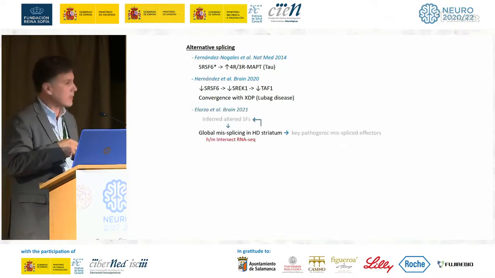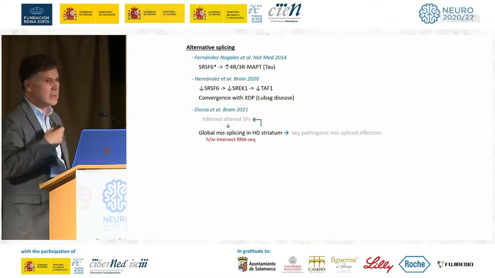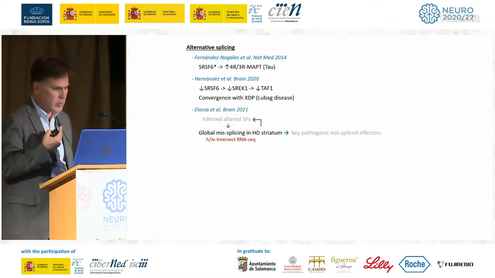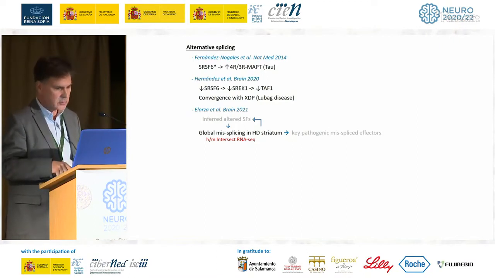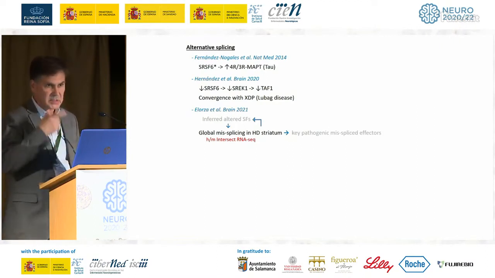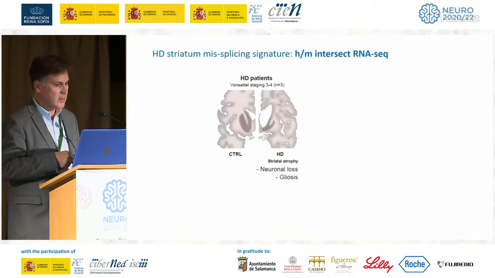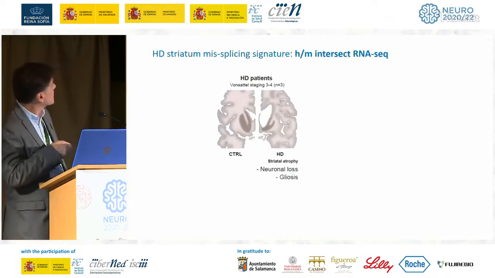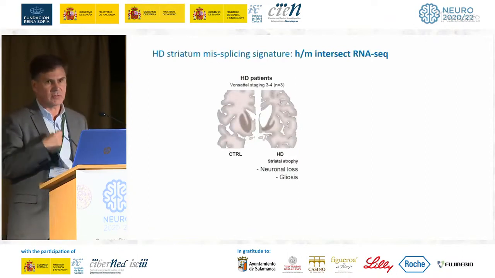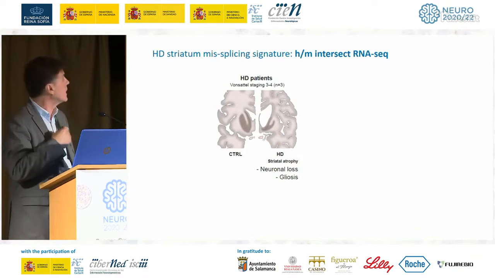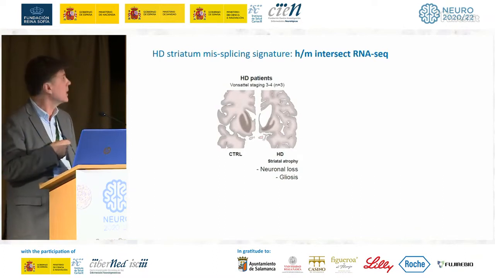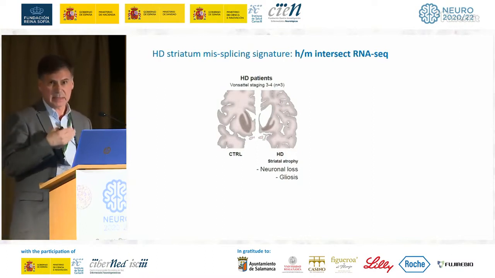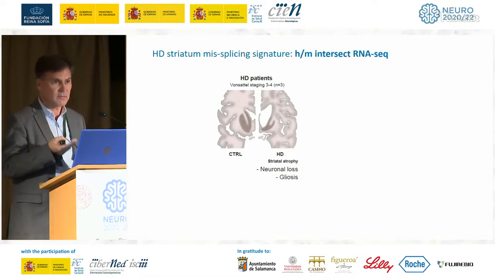And for that, Ainara Elorza in the laboratory had to develop a new approach that we call human-mouse intersect RNA-seq, because interrogating this missplicing signature is not trivial for this reason: you have this huge atrophy of the striatum in which you have a massive neuronal loss, but you also have gliosis and inflammation, and alternative splicing is cell type specific and also affected by inflammation.